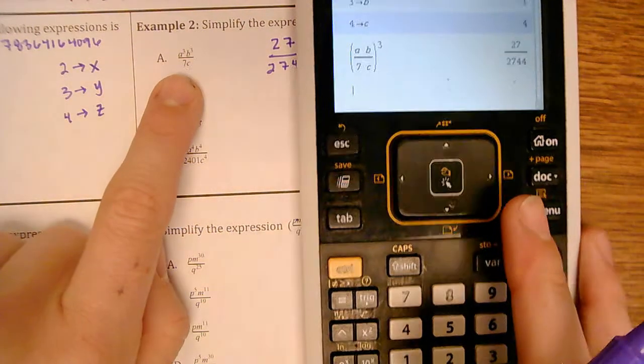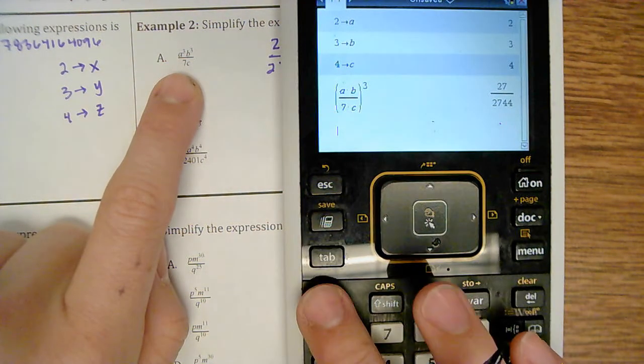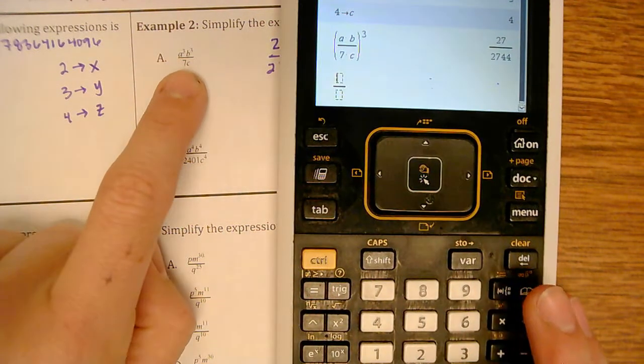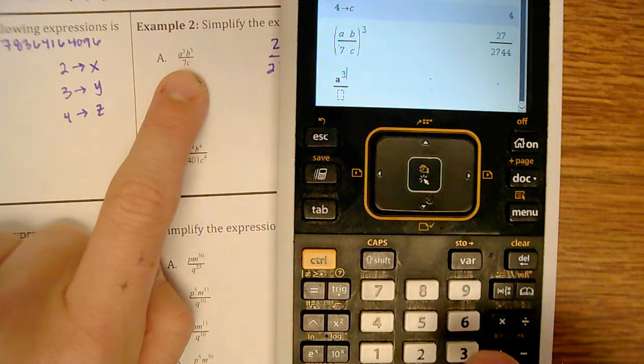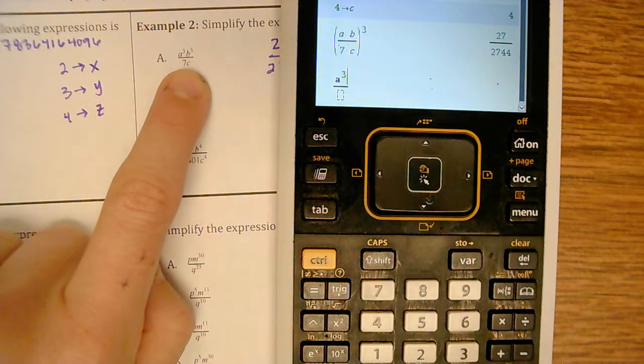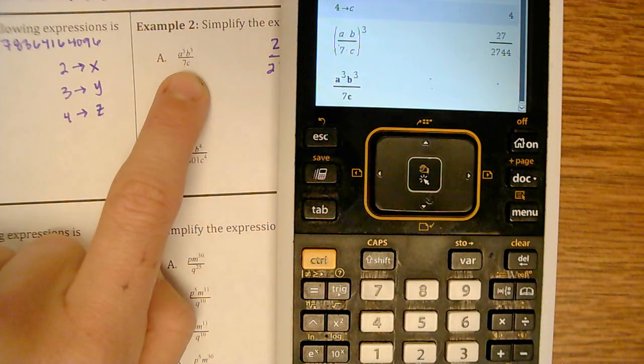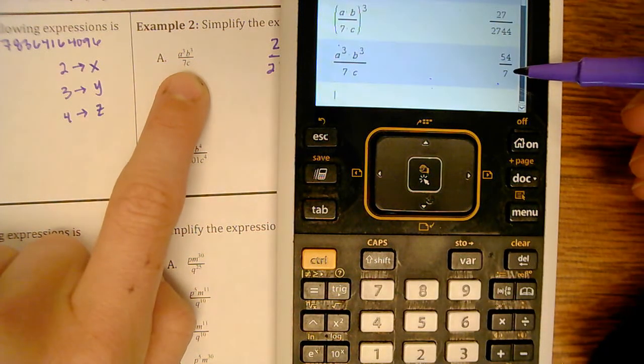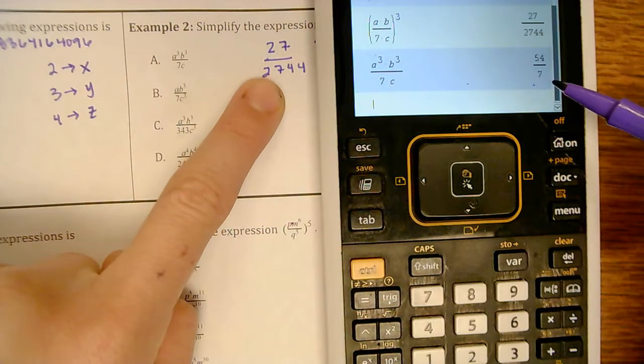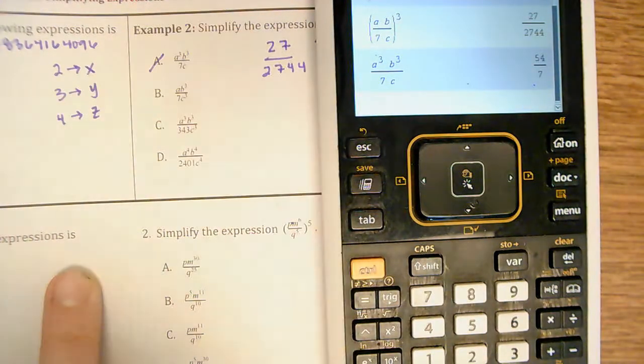So I'll start with my first answer choice. On the top there, I've got A to the power of 3, B to the power of 3. On the bottom, I have 7C. Okay, that doesn't give me what I'm looking for, so A must not be our answer.